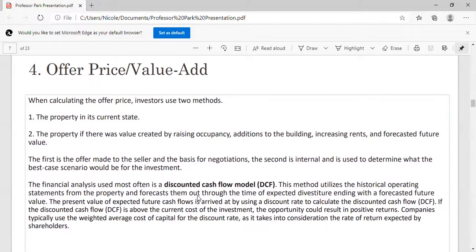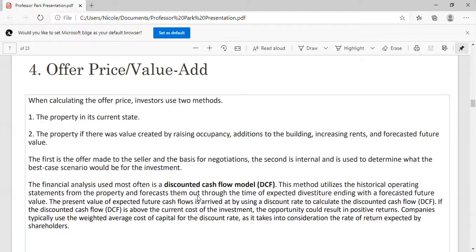So for the offer price / the value add price, which is the internal one, this is where I was talking about, you look at the two different methods. You look at what their property currently is sitting, where its current occupancy is, what it currently looks like, and then you look at what you can do to the property and what you think you could truly make the property return, which could be in the form of either leasing it up to a higher occupancy rate, higher rents for the property.